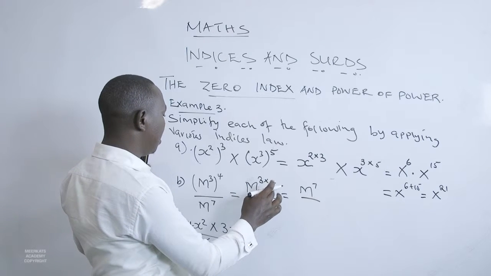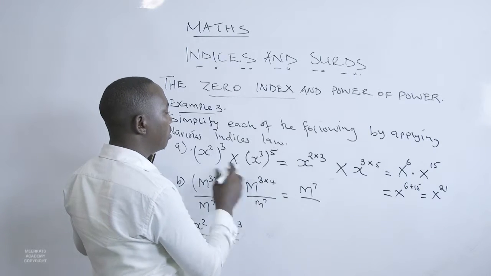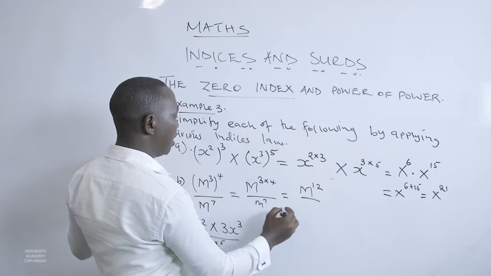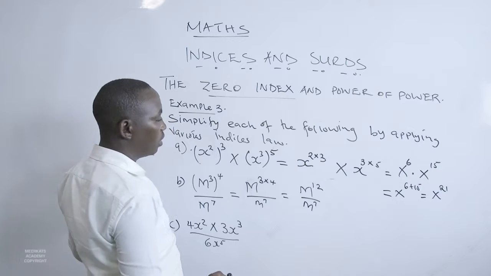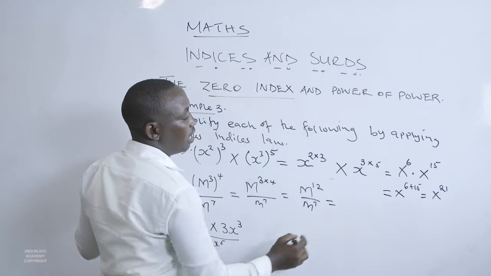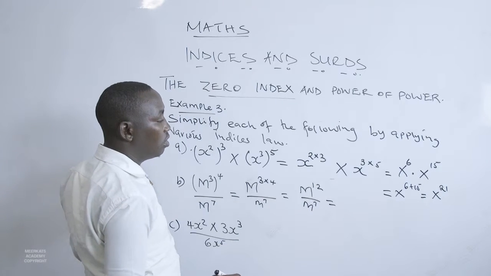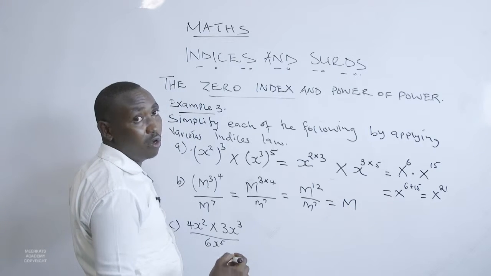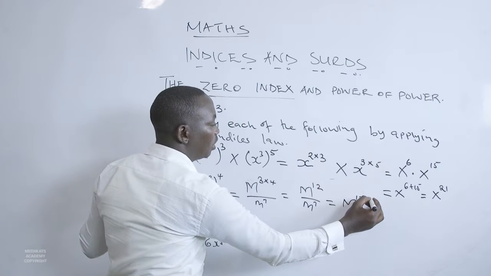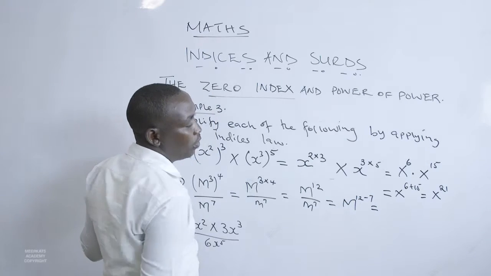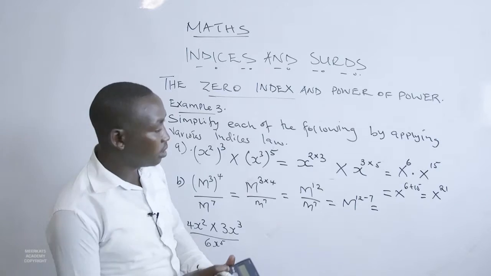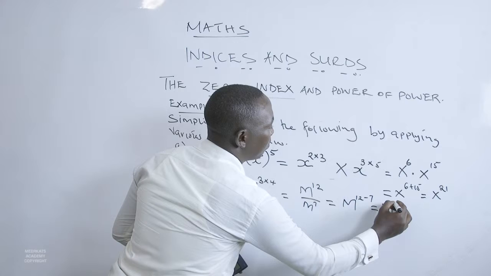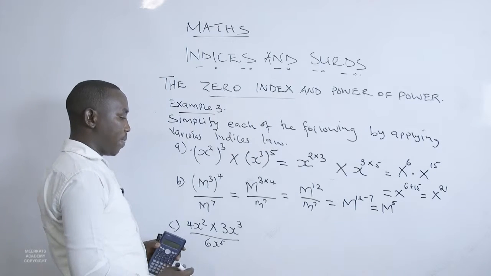Then we use the division law, where we have a common factor m, and we subtract the powers. So 12 minus 7 gives 5, and this is m raised to 5.